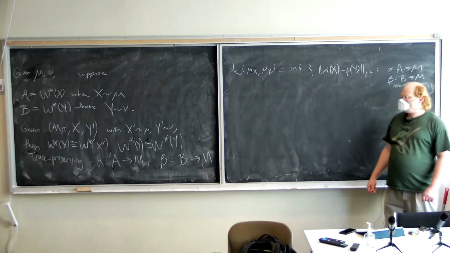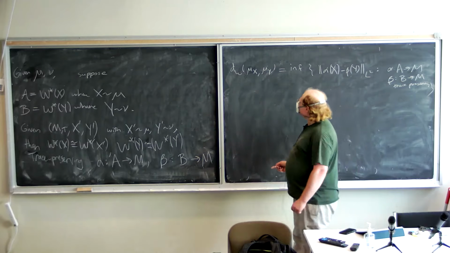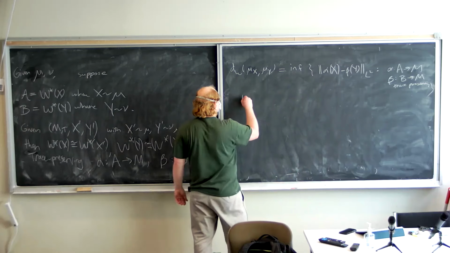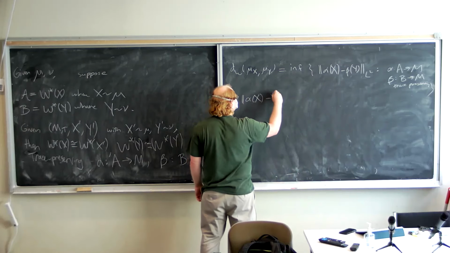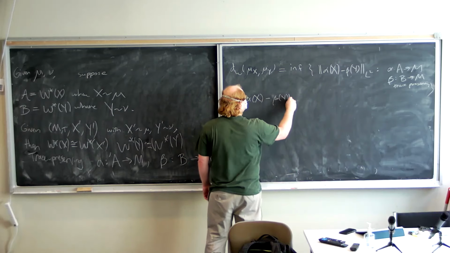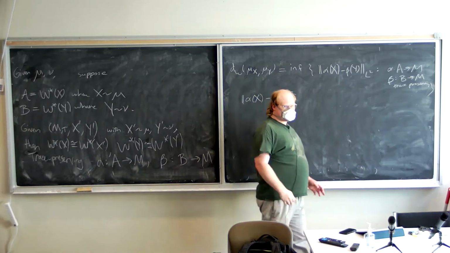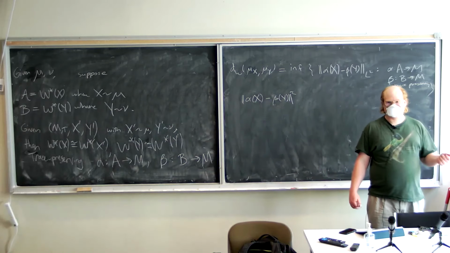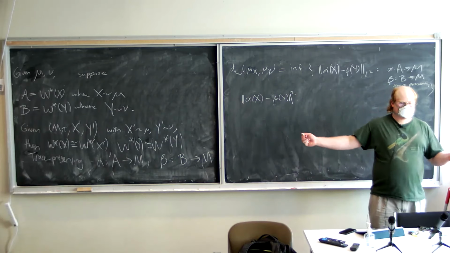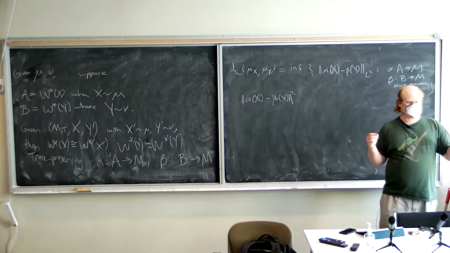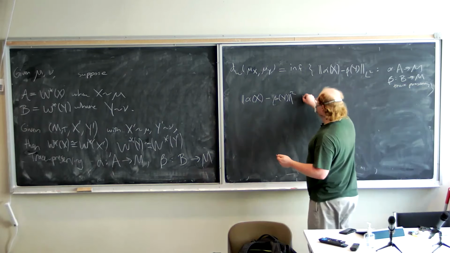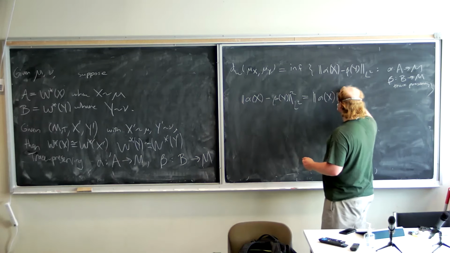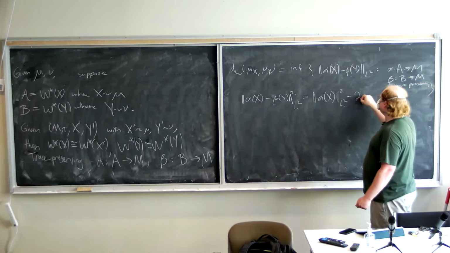Now, another fact that I'll use here is that, well, if you're looking at the L2 distance of x and y, the distributions of x and y are fixed. And so in particular, the L2 norm of x and the L2 norm of y are fixed. And so then to find the distance between x and y, what really matters is the inner product between x and y, because you expand in your Hilbert space.